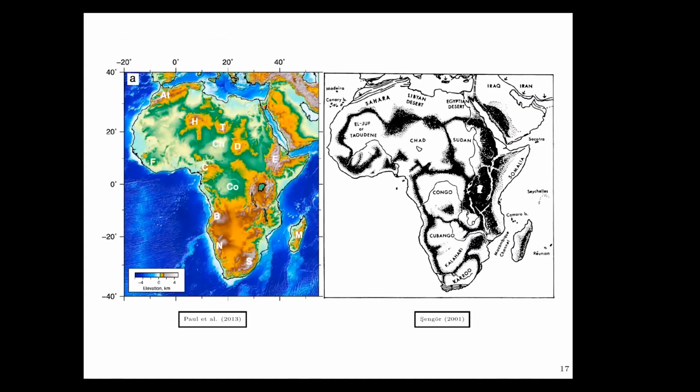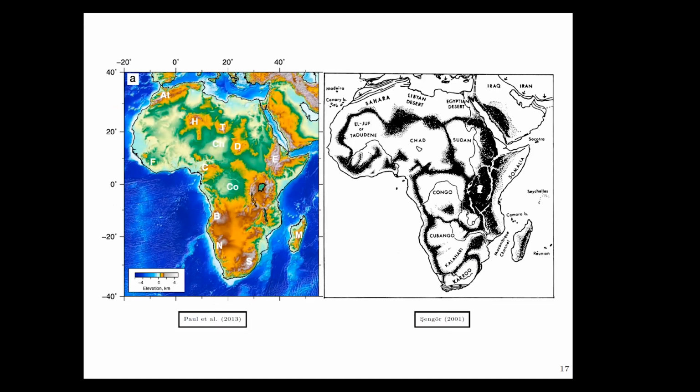Now, moving to Africa, the next place. Africa is known for its basin and swell morphology. Now, I'm aware of the ongoing debate about the age of the present elevation of Africa. There is this discussion about how old it is.